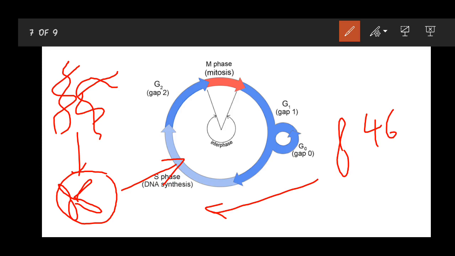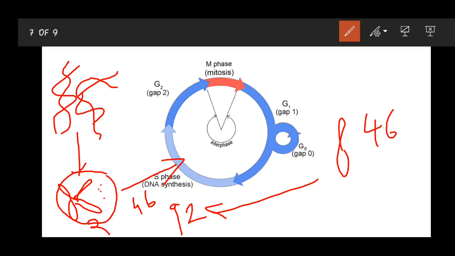In this stage, a human cell will have 46 chromosomes and 92 chromatids, because each chromatid has now produced its own copy. So now it is 2 for one chromosome. Like this, you have 46 chromosomes with this structure. As a result, the number of chromatids doubles to 92.